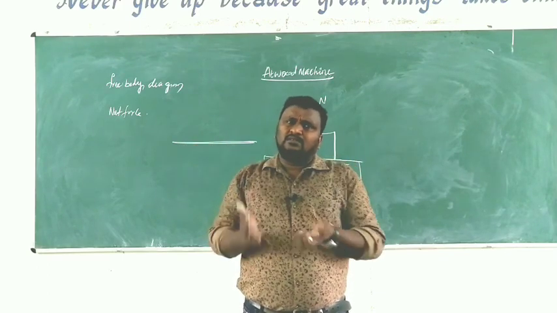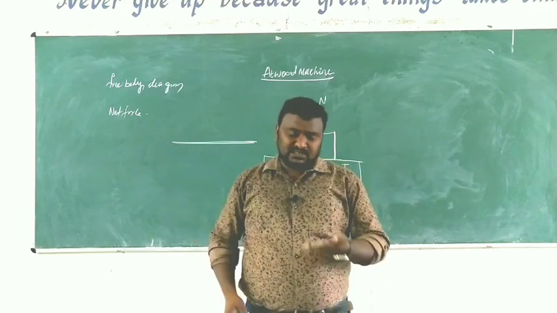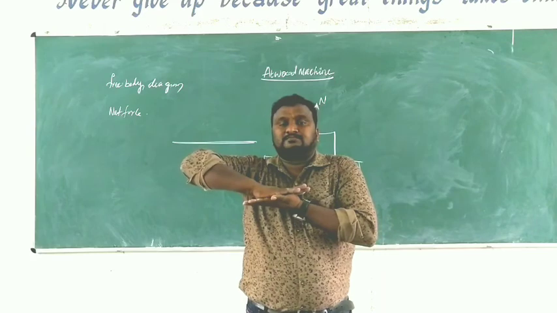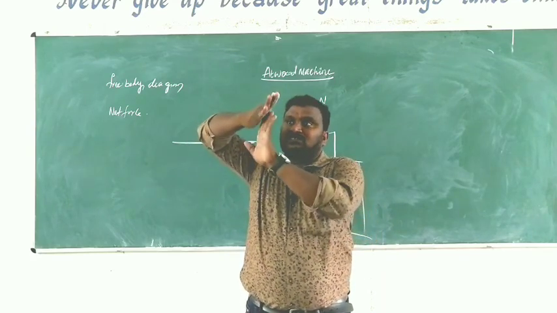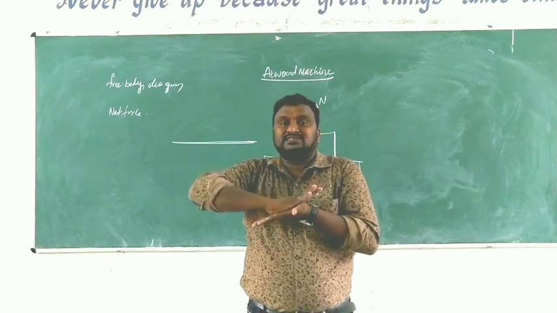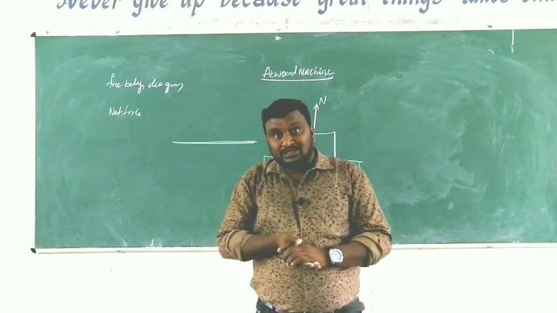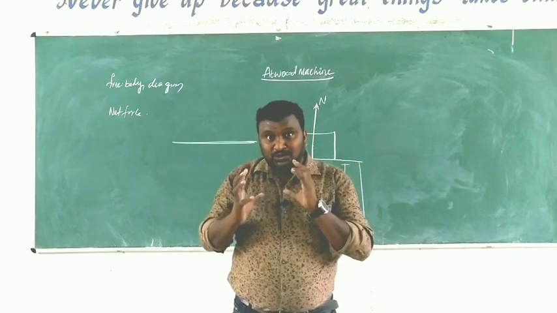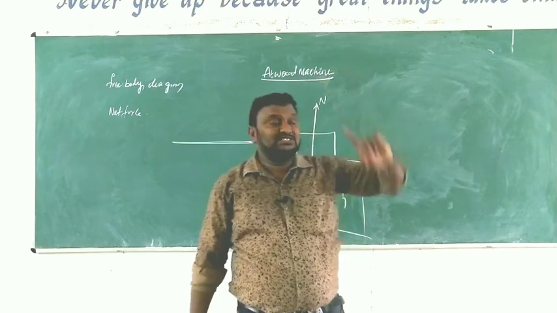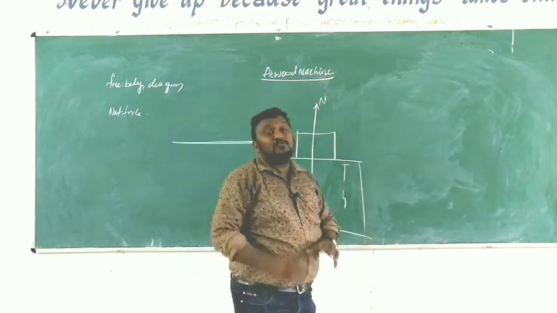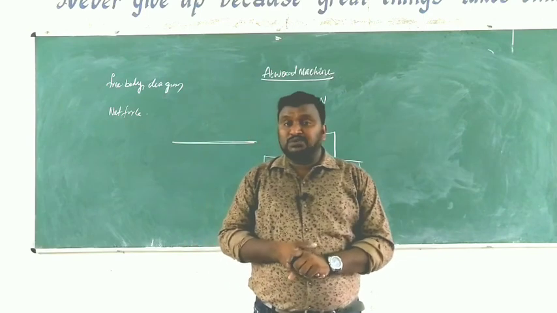Clear? We are keeping one surface on another surface like this. When we keep them like this, these two surfaces get compressed. Some pressure is created. Due to that some force is developed in the upward direction, that is called normal force or normal reaction. No need to be confused.